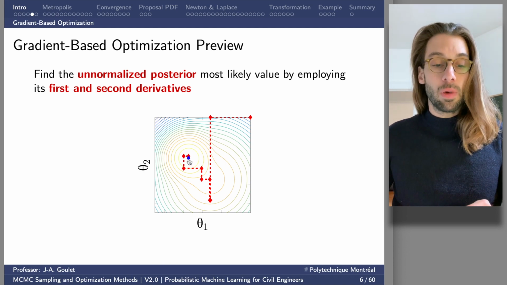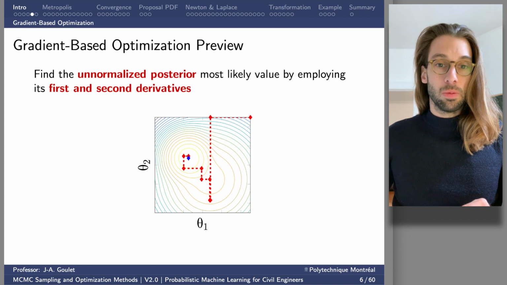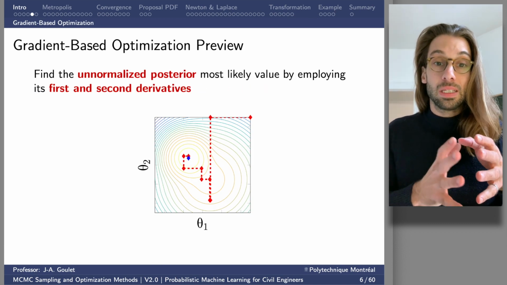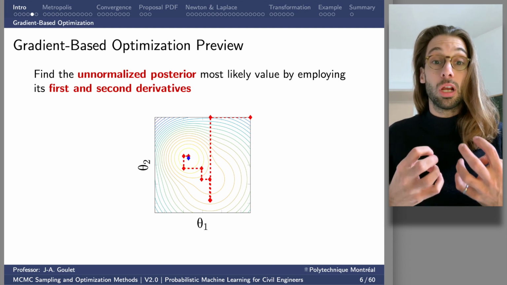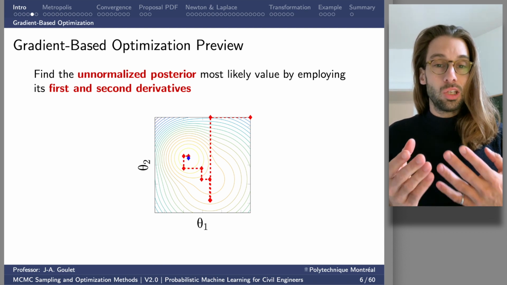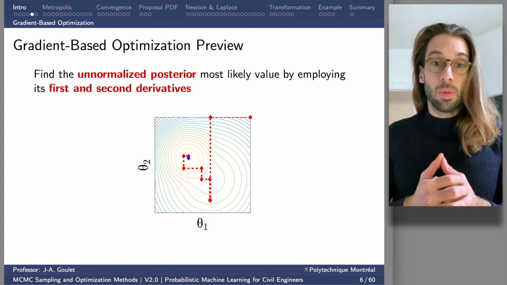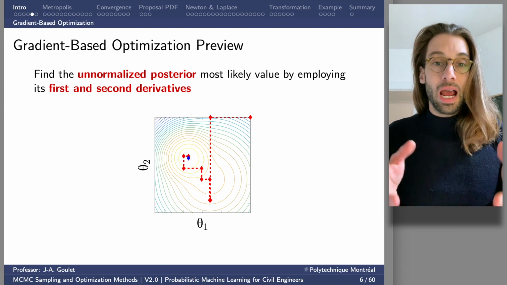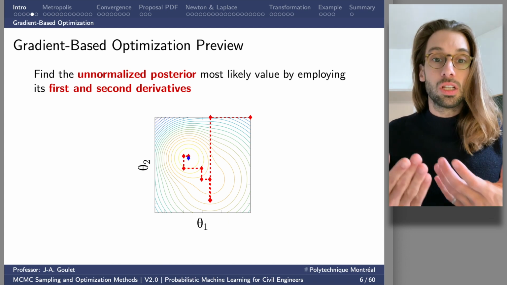Keep in mind, this is valid for both MCMC and gradient-based optimization: we're going to see a lot of simple one-dimensional or two-dimensional examples to illustrate what's going on. But at the end, you don't need sampling in 2D, and you don't need gradient-based optimization in 2D. Usually, you're going to apply this to problems that have dozens, if not hundreds, if not thousands of dimensions.